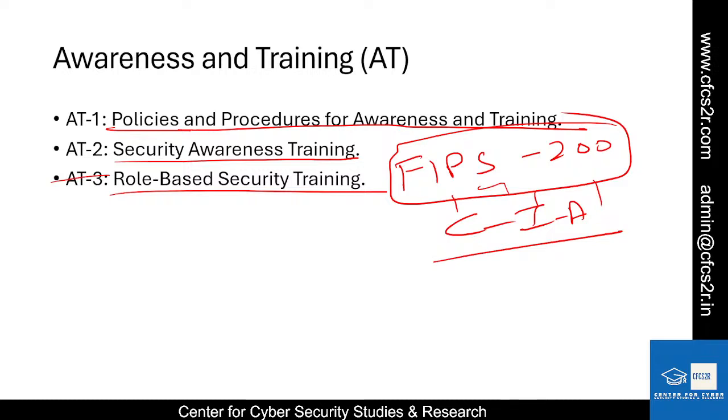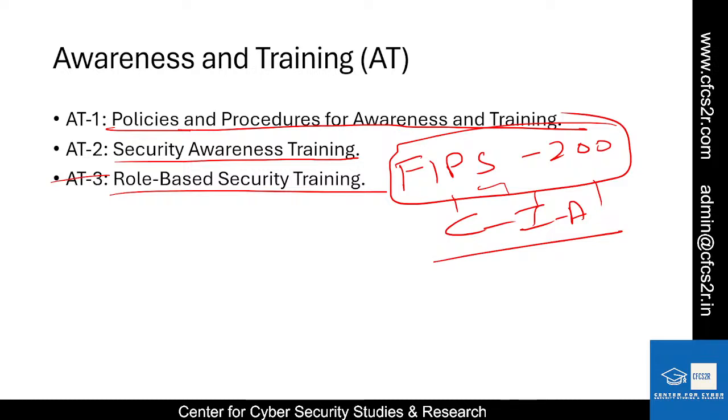So all these things are very important. The training procedures should include different types of training elements, technical expertise, and management expertise, so that they can have a broader overview.